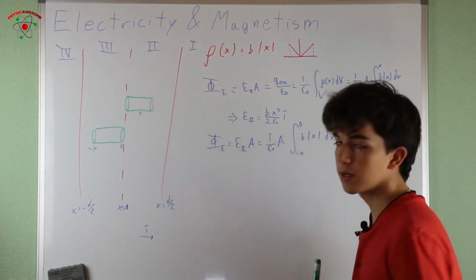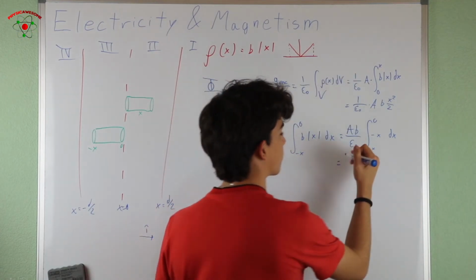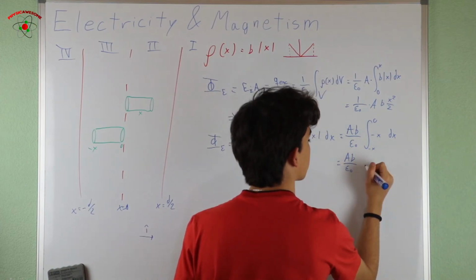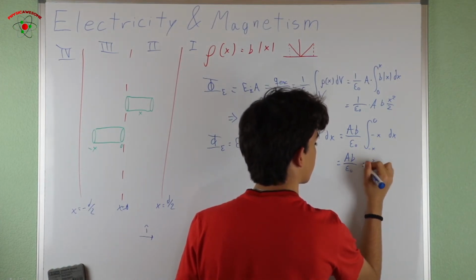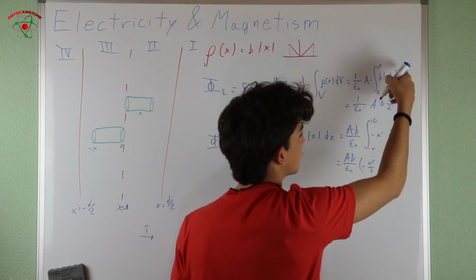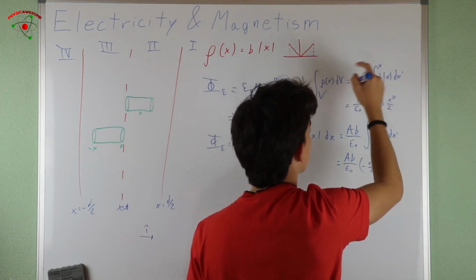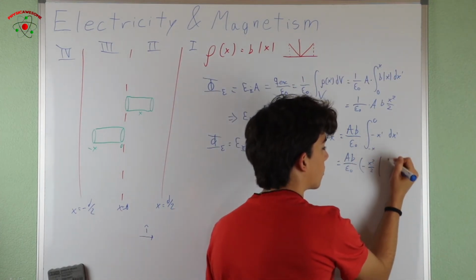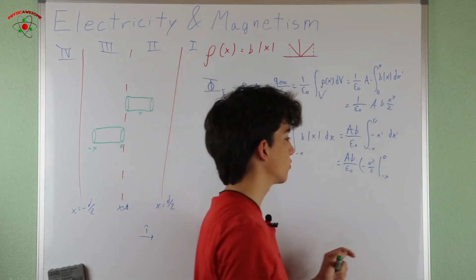Now, quick integration gives us A b over epsilon naught, that is minus x prime squared over 2, with x prime dx prime, so that we can differentiate between this dummy variable and the actual x we have, from minus x to 0.